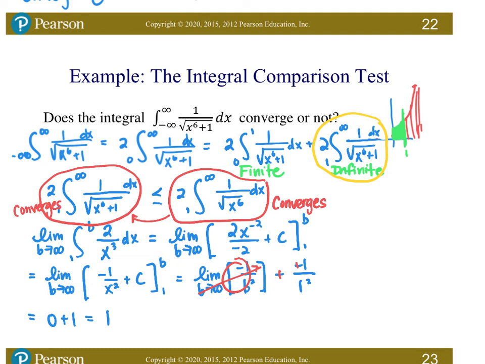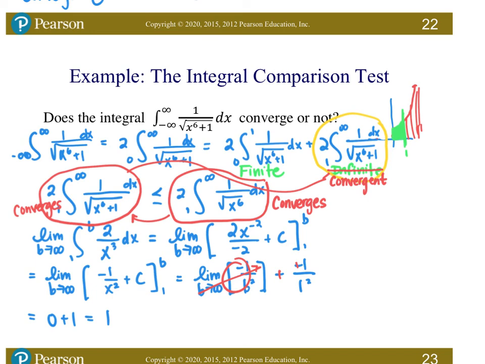And if that integral converged, then this is no longer infinite. It is convergent to a finite value. So then I've got a finite integral plus a convergent integral, which is convergent altogether. And so the whole thing is convergent. The amount of area in this symmetric interval is convergent.